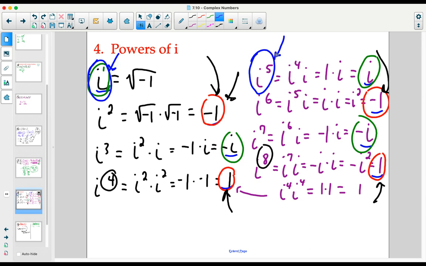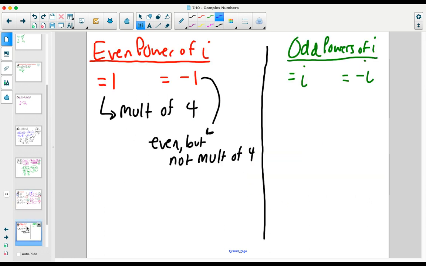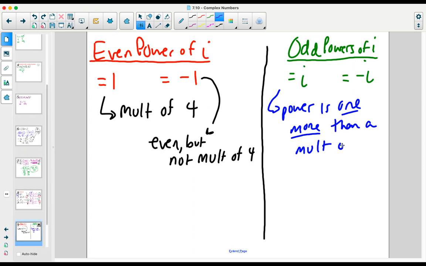So i to the 1st, i to the 5th, i to the 9th would be the top of the next column if I was to do it again and again. So I should anticipate an i when my power is 1 more than a multiple of 4. If you're thinking about it in that column approach, it's the one that starts the next group.